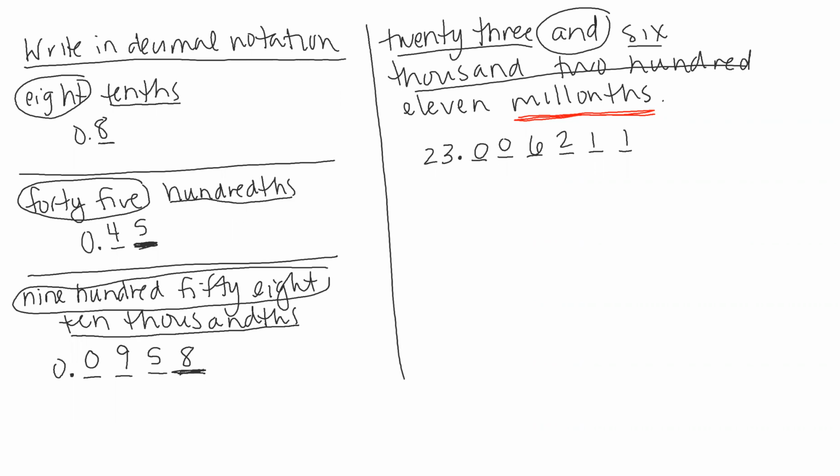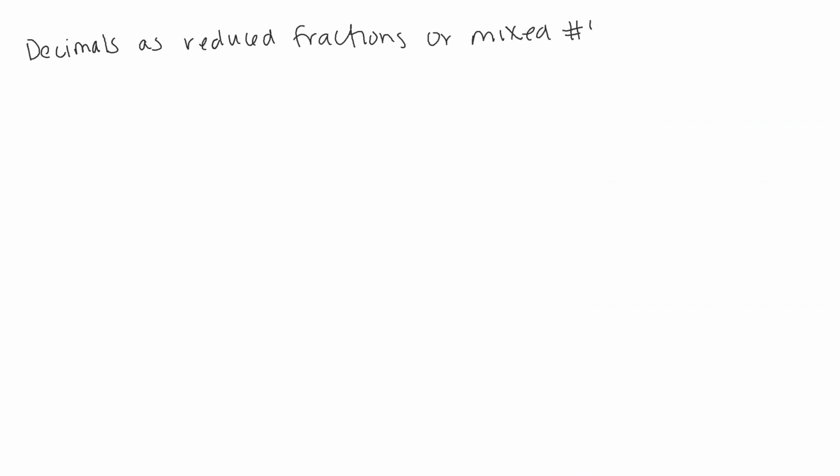Not bad? Okay. Now, last up for this video, we're going to write decimals as reduced fractions or mixed numbers. I'm going to end this video with writing decimals as fractions or mixed numbers.